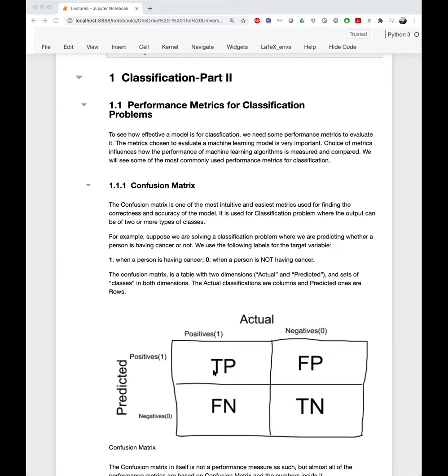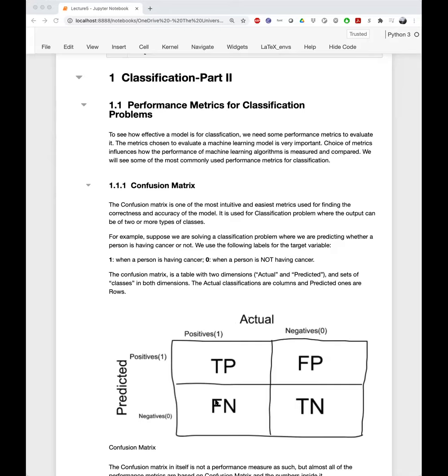This means actual positives, so the first column means the patients who actually have cancer. And the second column means the patients who actually don't have cancer. So the columns mean actual positive cases and actual negative cases.